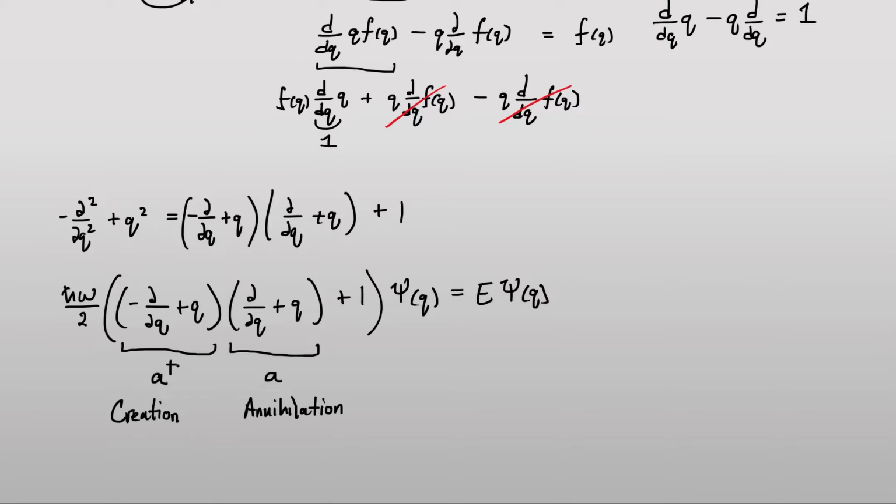Okay, so let's start off by reminding ourselves that this right here is the Schrodinger equation. We can rewrite this now. The Schrodinger harmonic oscillator equation has become h omega over 2 times a dagger a.